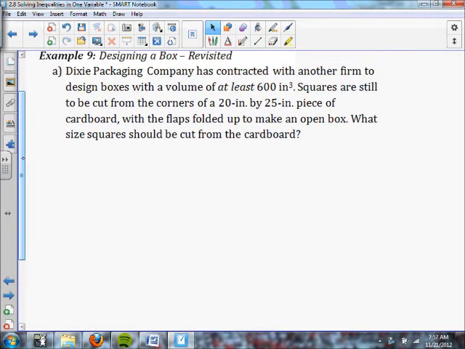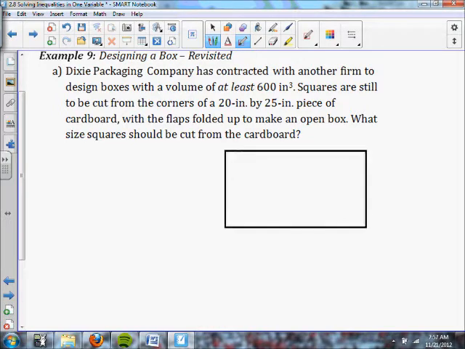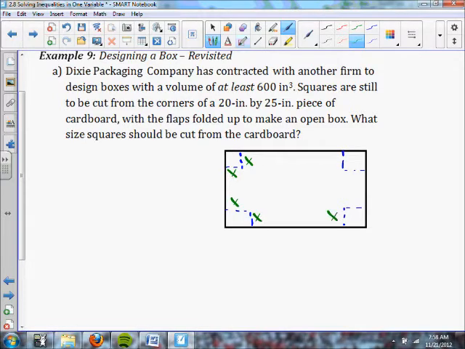Now, so when we do this, we need to make a box, right? So make a box. We are cutting out corners. I know this isn't to scale, but that's okay. That means if these are x's, this whole length is 25, which means this will be 25 minus 2x.